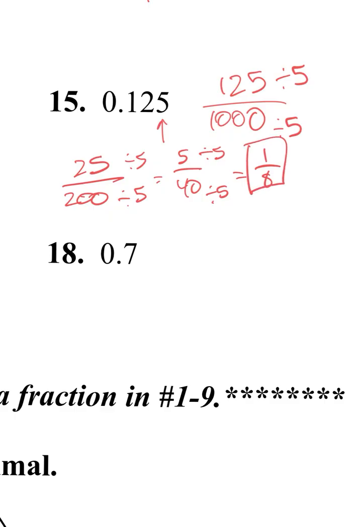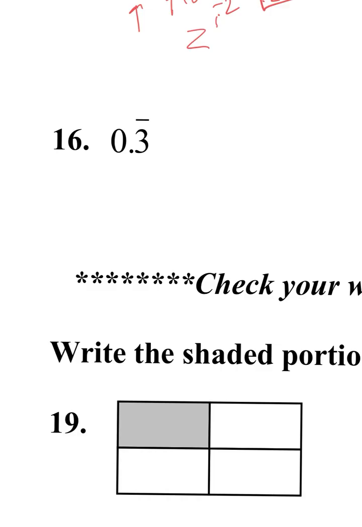Number 16. All right, kids, here we go with number 16. Now, number 16 is going to be a bit funky, but I'll get you guys started. You've got 3/10ths repeating. So I'm going to cheat a little bit and take some shortcuts here. We're going to take the digit 3. What place value is it in? It is in the tenths place.